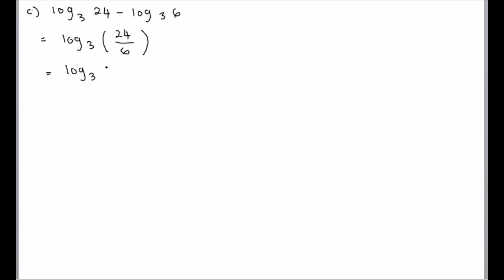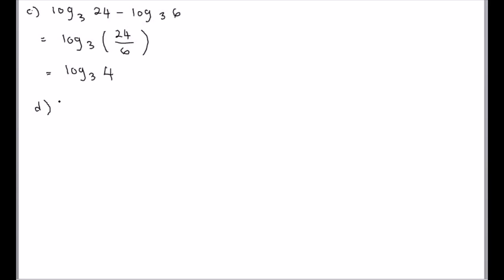The first question is when we have log base 3 24 minus log base 3 6, equal to log base 3 24 divided by 6. 24 divided by 6 can be simplified into 4. So the final answer is log base 3 4.